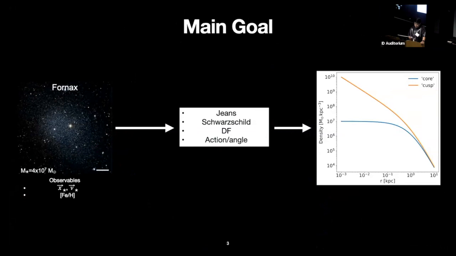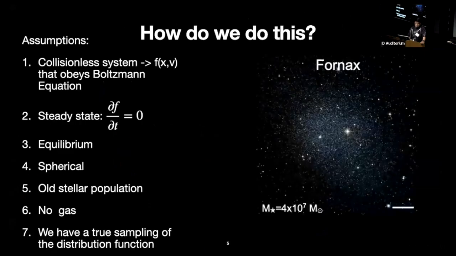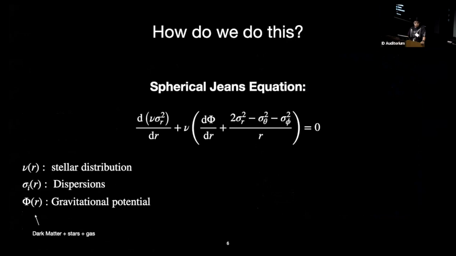And the way that I actually go about doing this is by making a lot of assumptions. Specifically with spherical Jeans modeling, I make several assumptions that I don't really have time to go into, but if all of these assumptions are true, then I can write down this very simple one-dimensional equation, which relates my observables, the spatial and velocity distribution of the stars in the system, to the underlying gravitational potential, which is made up of all of these things.